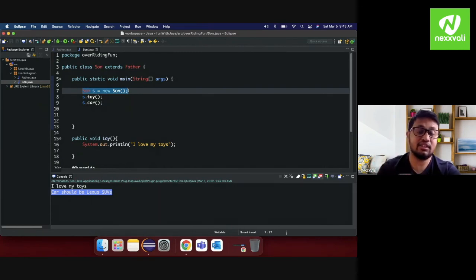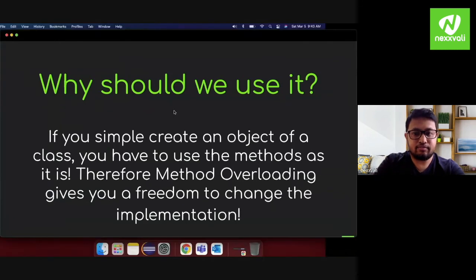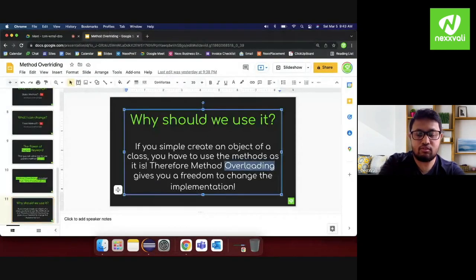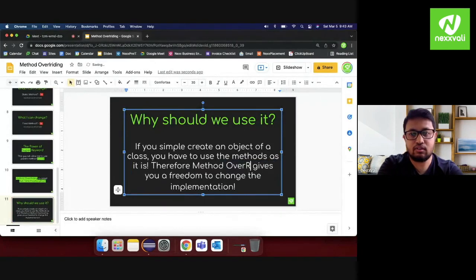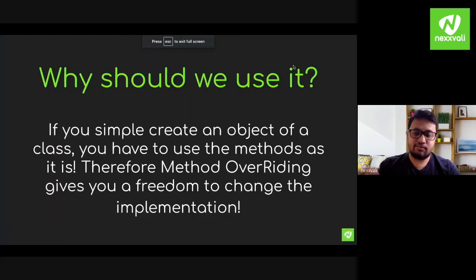I could not override that. I could not make any change. Whatever was there, I have to use it the same way. But method overriding gives us the freedom to change the implementation, right? It gives us freedom.